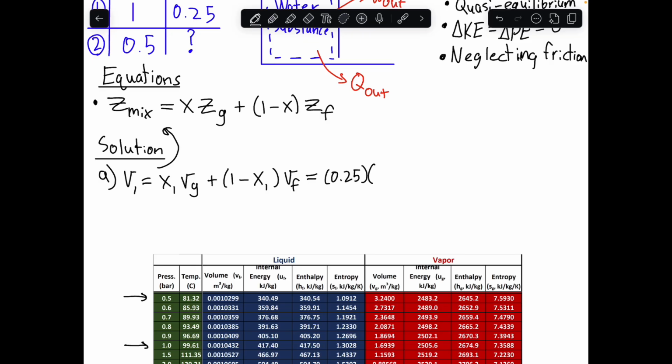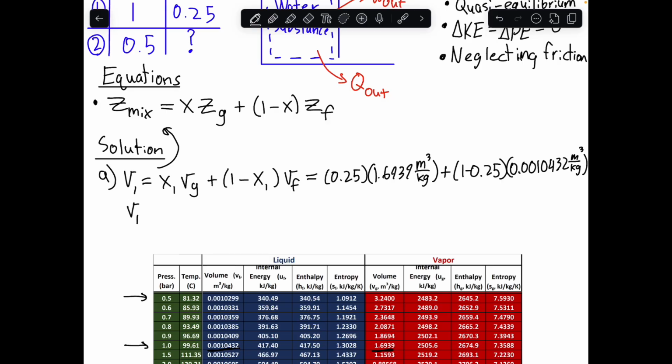0.25 times Vg, which is 1.6939 meters cubed per kilogram. And we add 1 minus 0.25 times this value here, which is 0.0101432 meters cubed per kilogram.